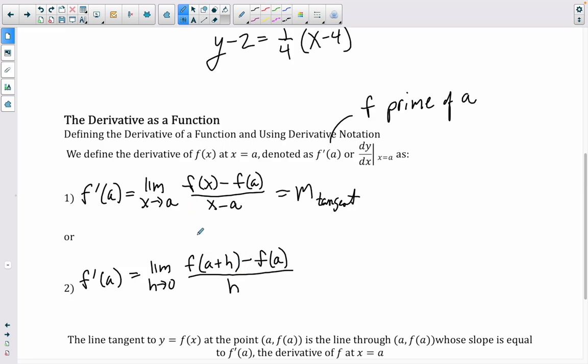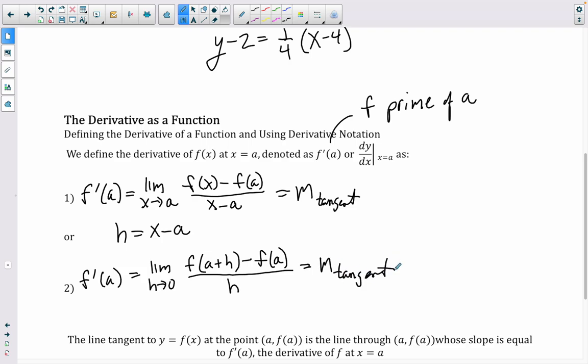Really what we're saying is that h is equal to x minus a. That's the substitution we're making to rewrite it in this form, where h goes to 0. Again, this is the slope of the tangent.